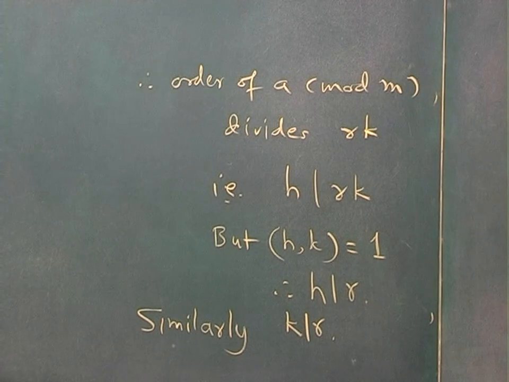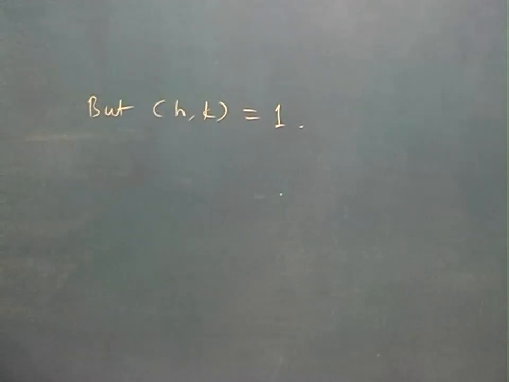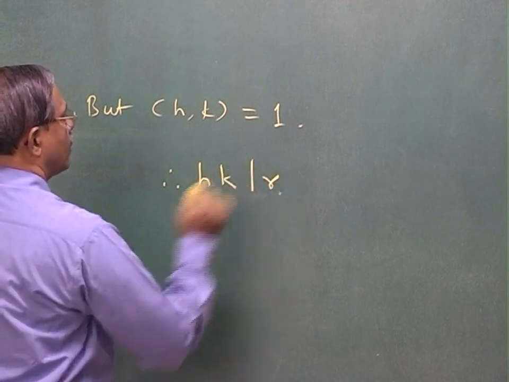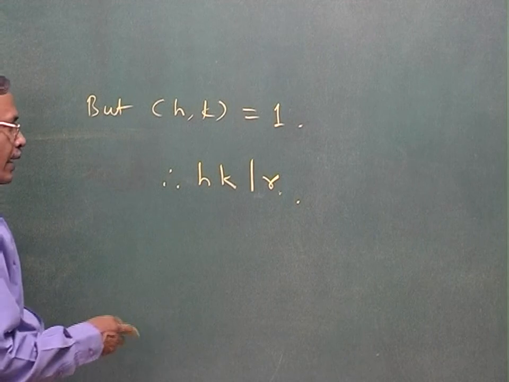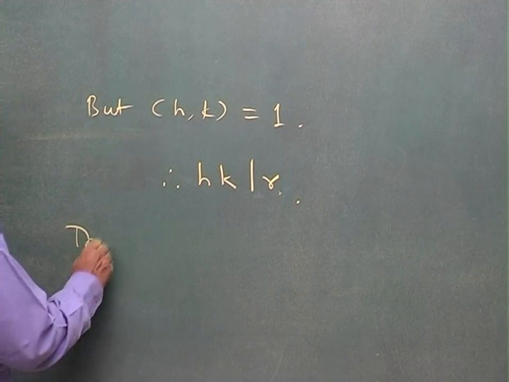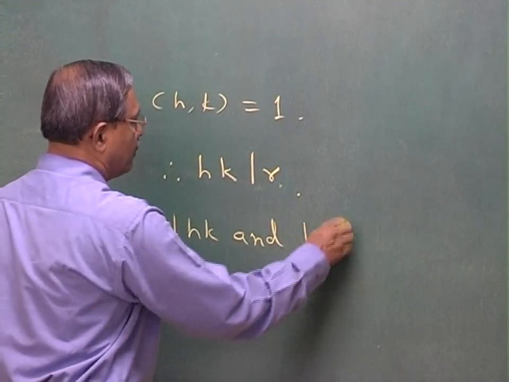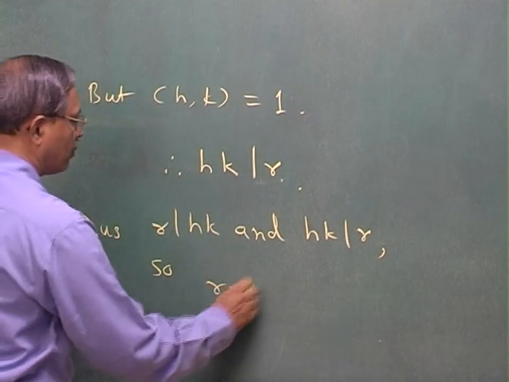But H and K are coprime. Again, H divides R, K divides R, therefore their product must divide R. Therefore HK divides R. So earlier we have shown that R divides HK. Thus R divides HK and HK divides R. So R equals HK.